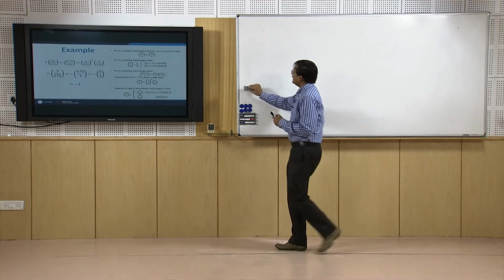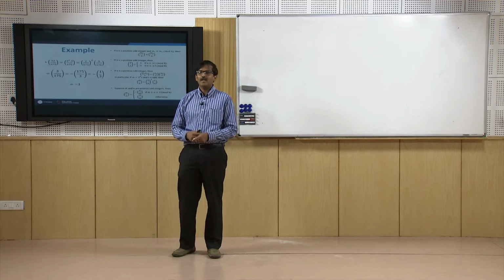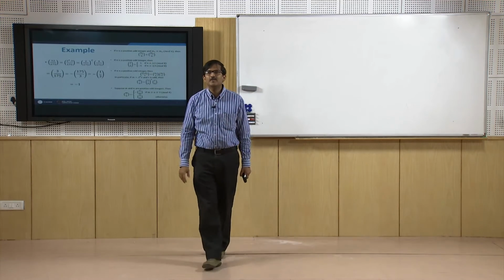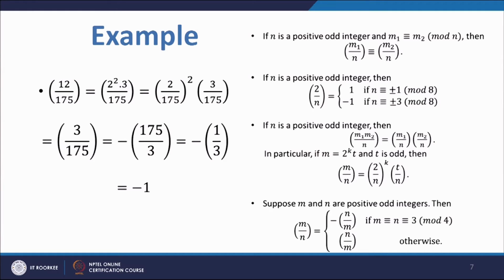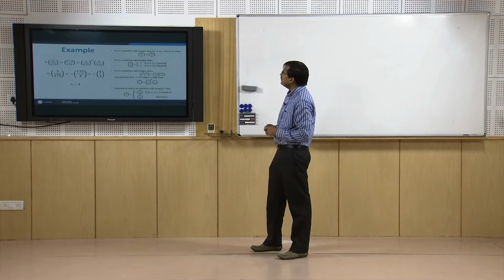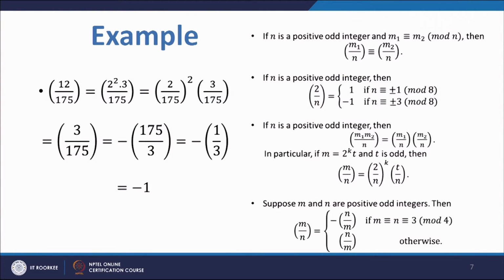So, let us look at the computation by an example, and I have put all the rules on one side of the slide so that we can refer to the rules very quickly and do the computations. So, we have the same pair of numbers 12 and 175, and I do not have to worry about the factorization of 175.